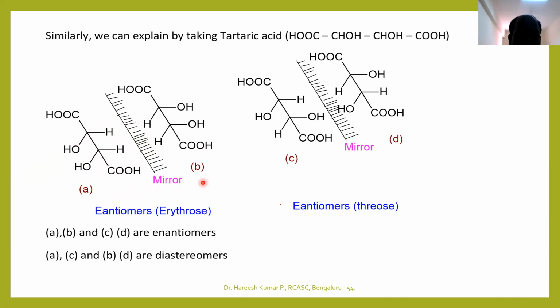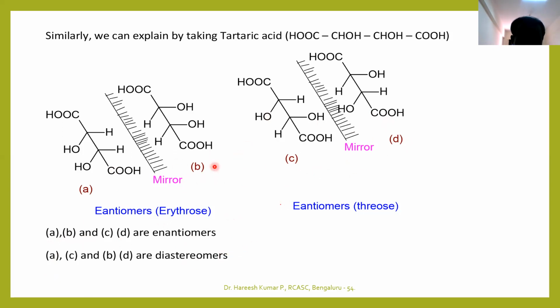But when it comes to the enantiomers, these two are enantiomers only. And here also the same thing: A, B and C, D are enantiomers. This as well as this are enantiomers. When it comes to diastereomers, A and C are diastereomers, and B and D also diastereomers.